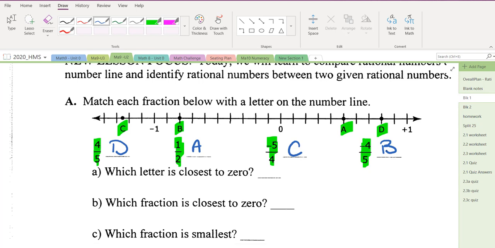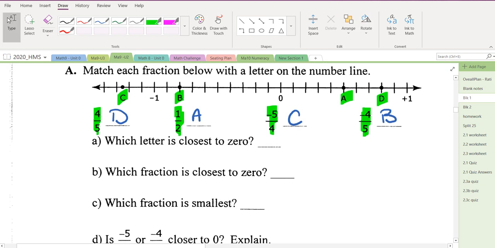Okay. So next question is, which letter is closest to 0? Now you can't always tell that from a fraction, but a number line makes it a little bit easier to see. Which one's closest to 0? B? Yeah. This is the closest distance right there versus all the other spots.